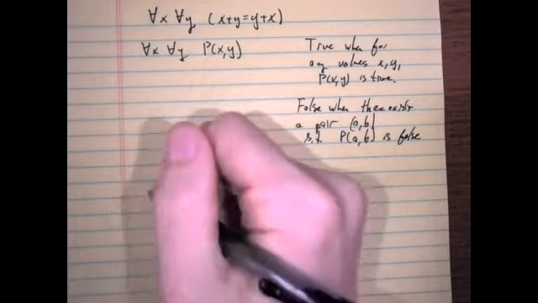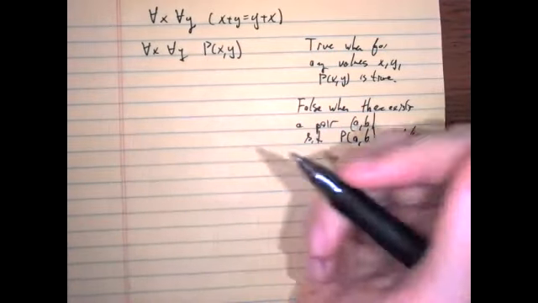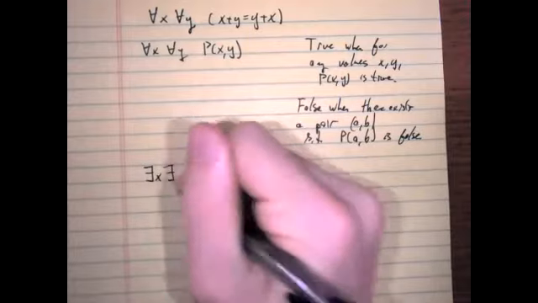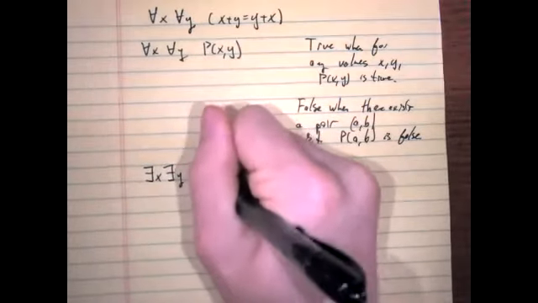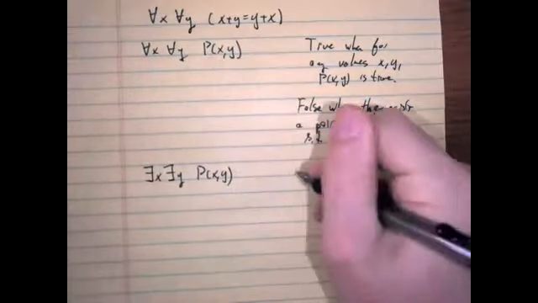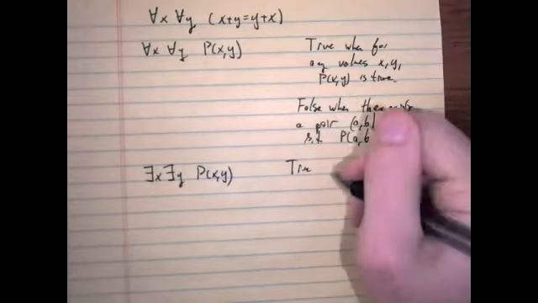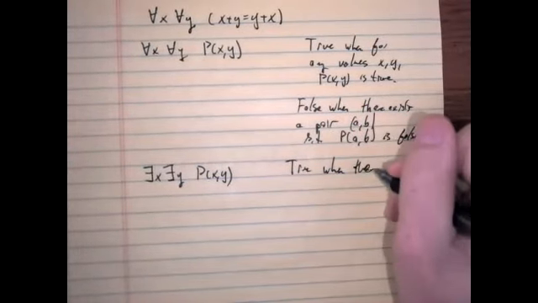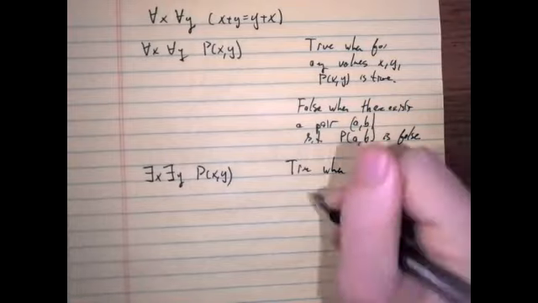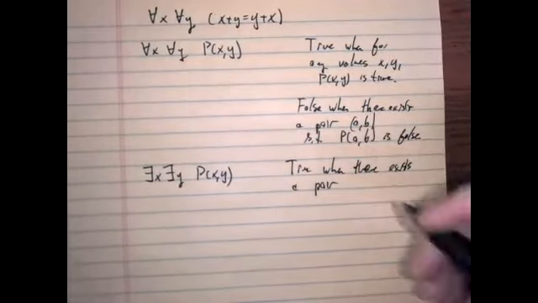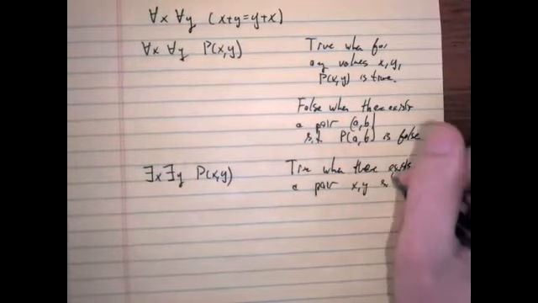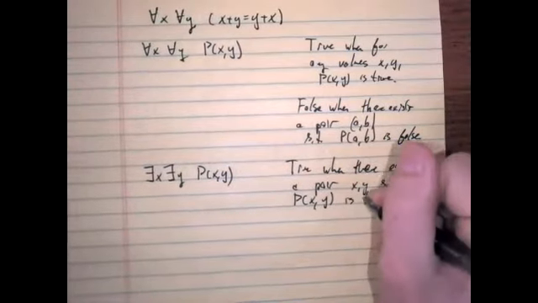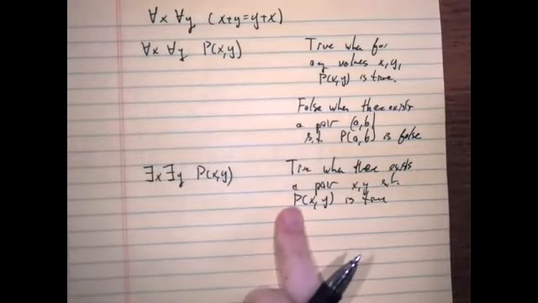Okay, the other easy one, oh man, it's almost out of time, shoot. The other easy one is there exists and there exists. So there exists an x, there exists a y, such that p of xy. And this is true when there exists a pair xy such that p of xy is true. And when is this false?